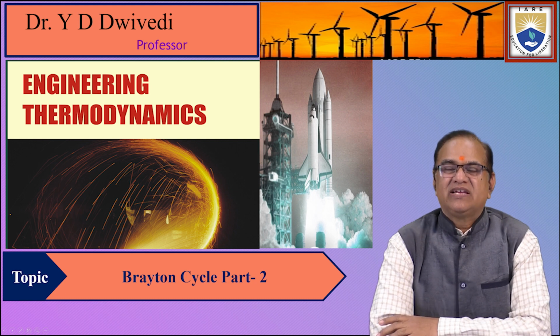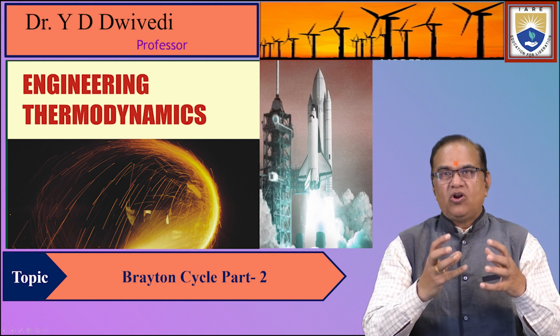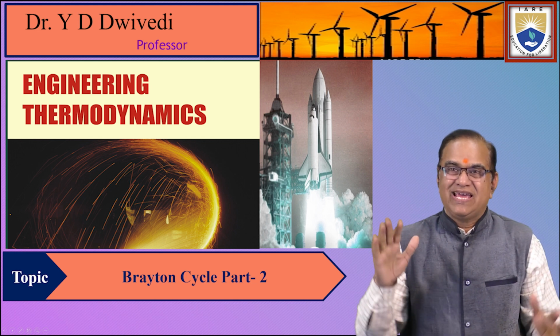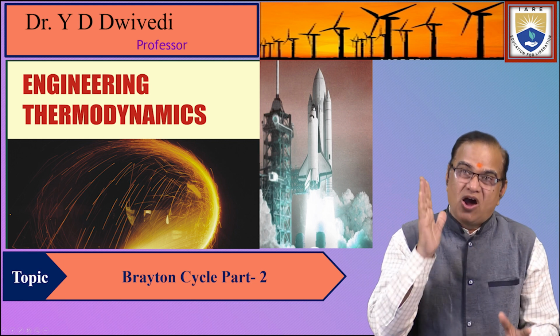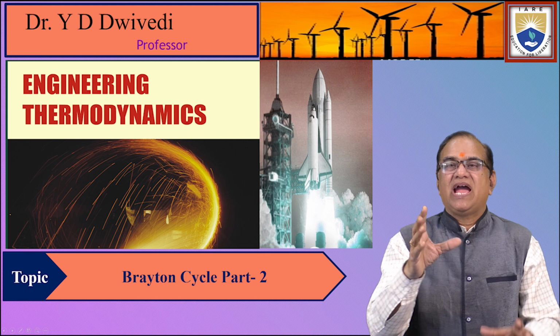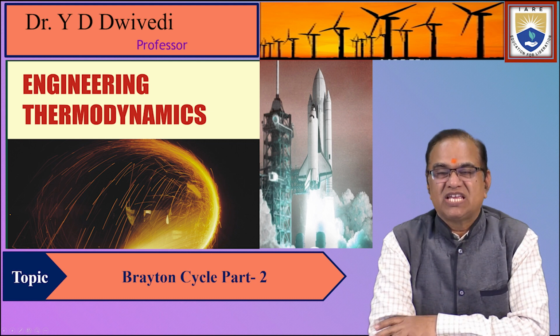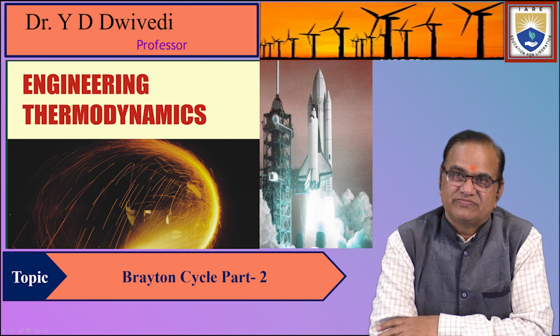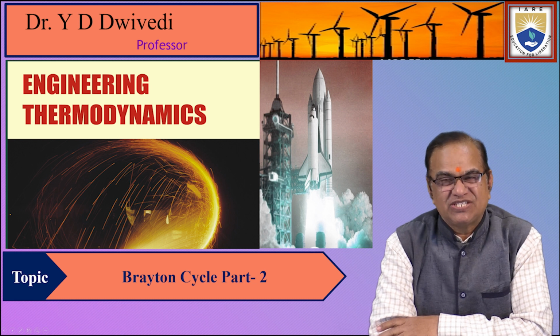In this, the petrol and air which are sucked during the suction stroke is compressed, and after the compression, a spark is given and the fuel burning takes place at constant volume. Then expansion takes place.